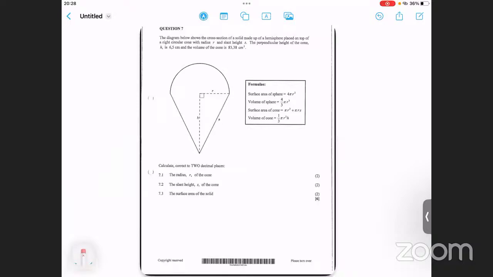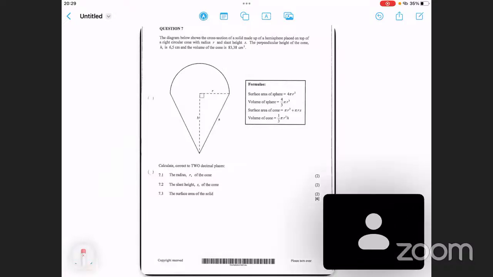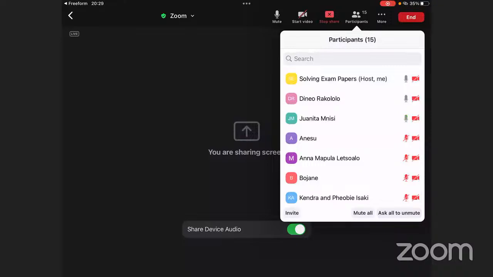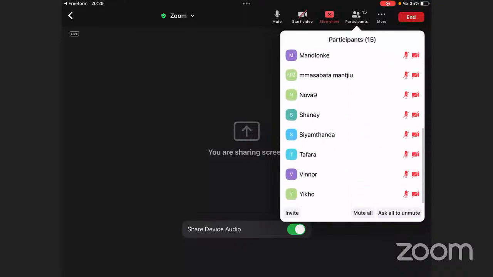Depending on how long it takes, we can still do some more if you'll be able to work it out quickly. Any questions on that other one, or are we all on the same page?